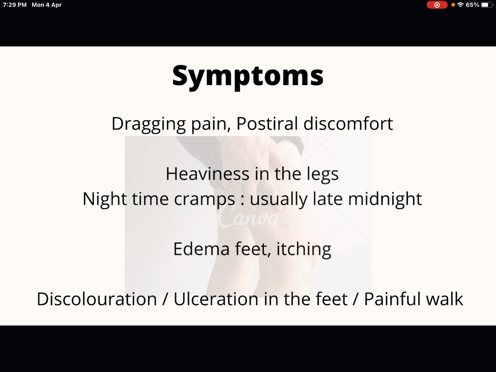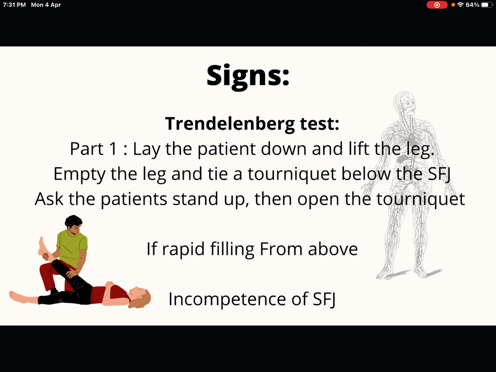What type of pain? Dragging type of pain, and the patient will be having postural discomfort also, and will be feeling heaviness in the legs, and nighttime cramps will be there, usually seen late midnight. And there will be edema in the feet, and there can be itching, discoloration, ulceration in the feet, or painful ones. So these are the symptoms with which the patient will be coming to us.